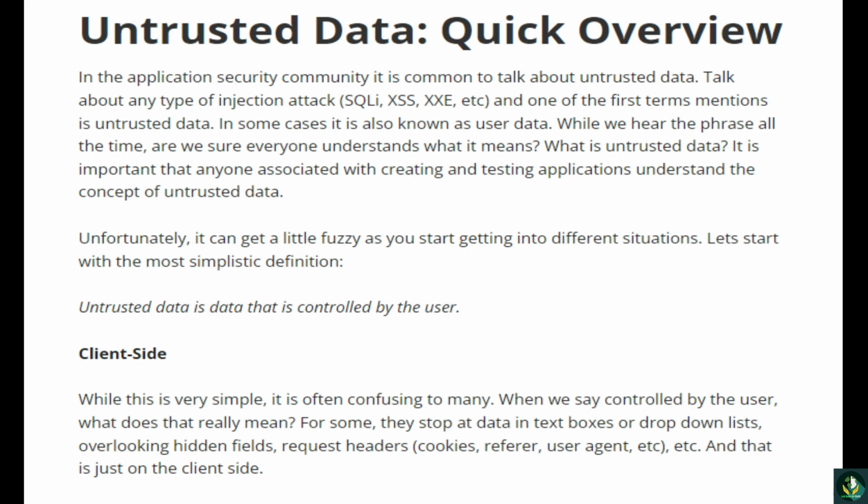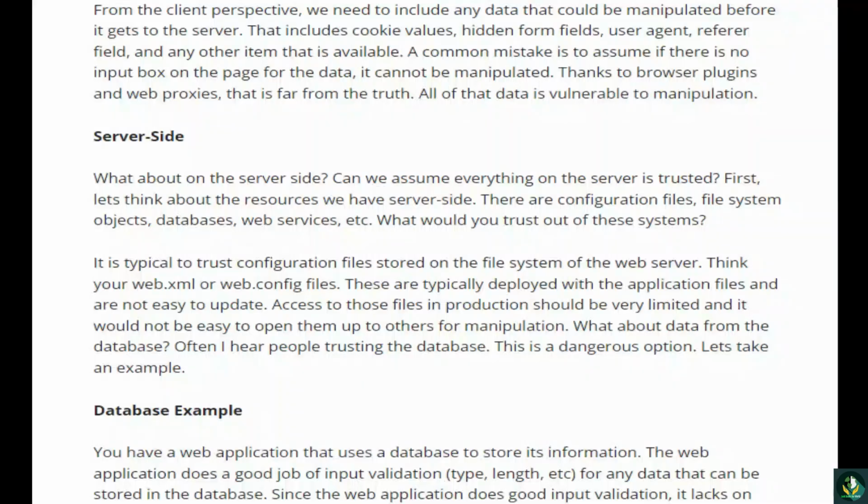For some, they stop at data in text boxes or drop down lists, overlooking hidden fields, request headers like cookies, or many other things. From the client perspective, we need to include any data that could be manipulated before it gets to the server.